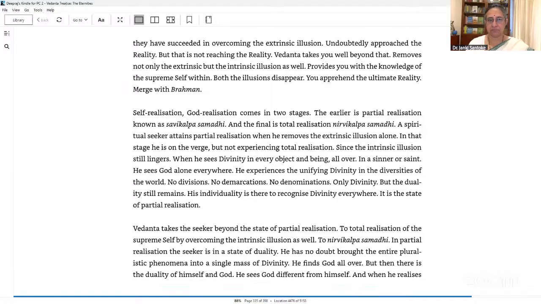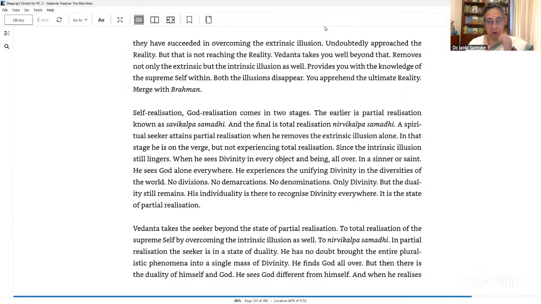He sees divinity in every object and being all over; in a sinner or saint, he sees God alone everywhere. He experiences the unifying divinity in the diversities of the world. No divisions, no demarcations, no denominations, only divinity. But the duality still remains. He individually is there to recognize divinity everywhere. It is the state of partial realization.